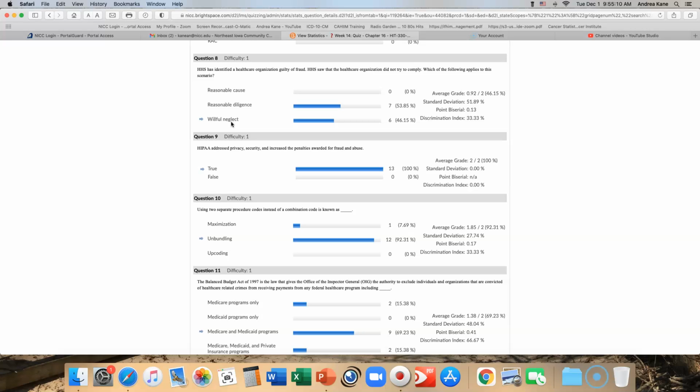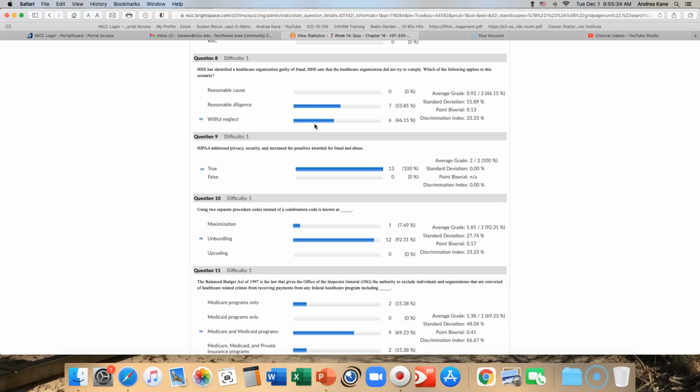Oh, okay, top of page 506. It's willful neglect because they intentionally failed to comply with or were being indifferent to provisions. So that's willful neglect. So that definition you would have found at the top of page 506.